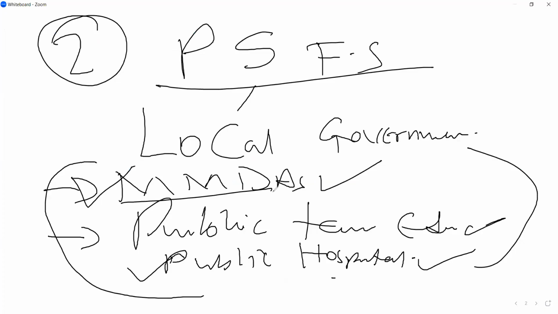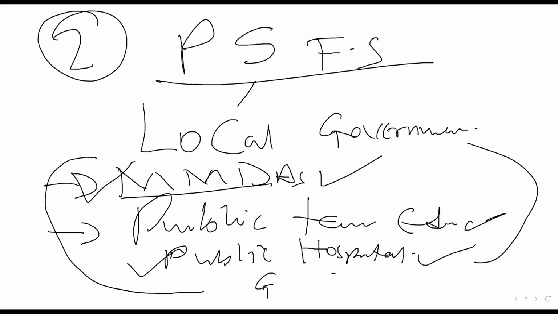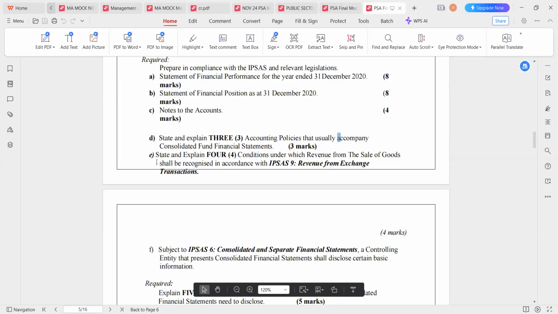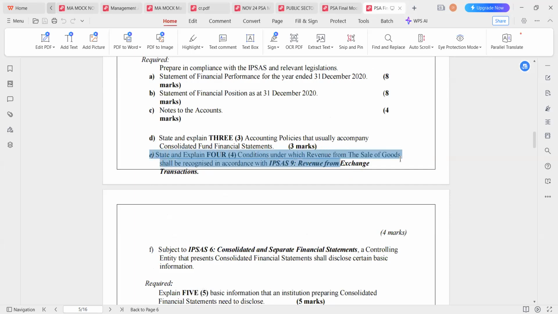Please, can I interrupt? The previous question we were talking about, you were fast. What was it, just before you came here? This one. State and explain the conditions for recording revenue from sale of goods, revenue from exchange transactions.